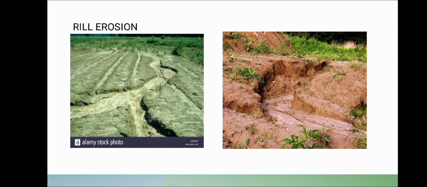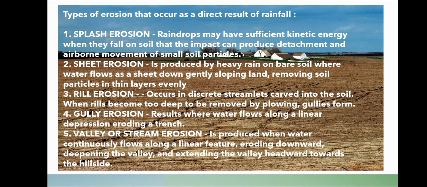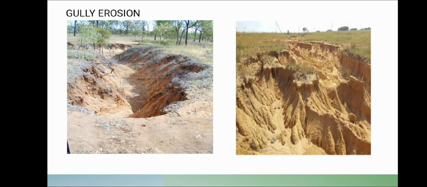Next is the gully erosion, which results where water flows along a linear depression eroding a trench. Gully erosion can be more than 0.3 meters deep, up to 0.9 meters. The land becomes unfit for cultivation, and it can damage agricultural lands.